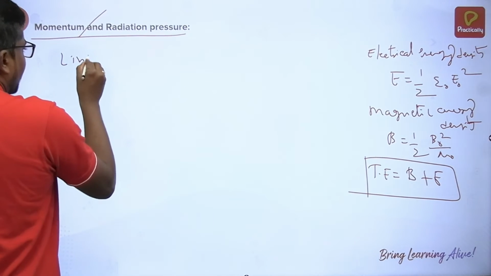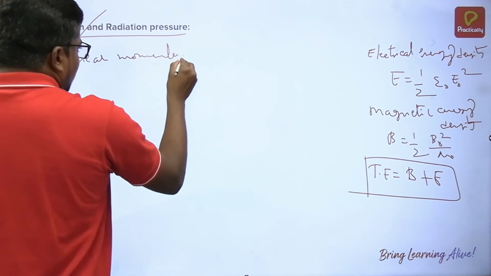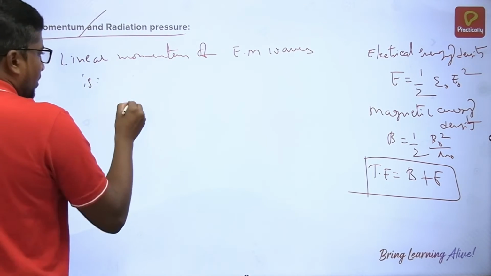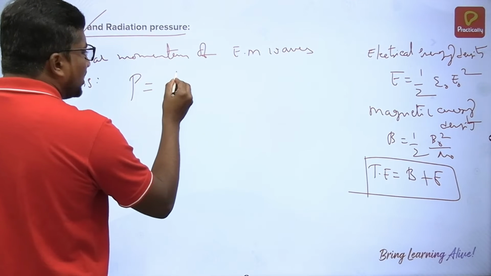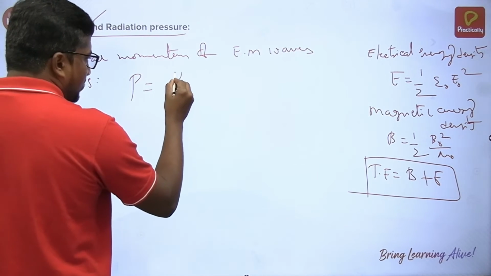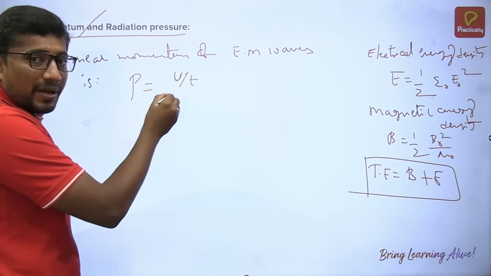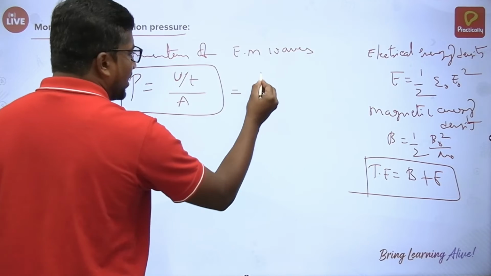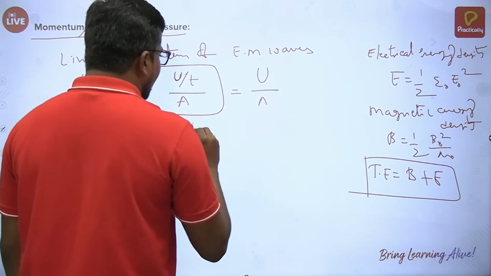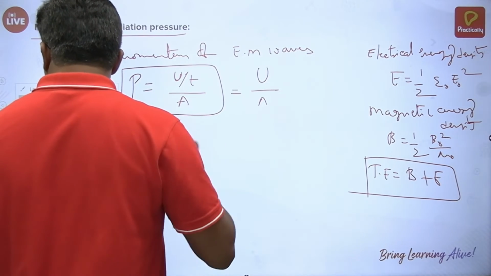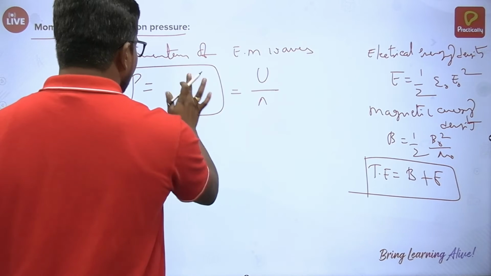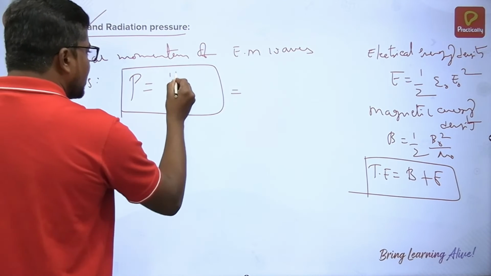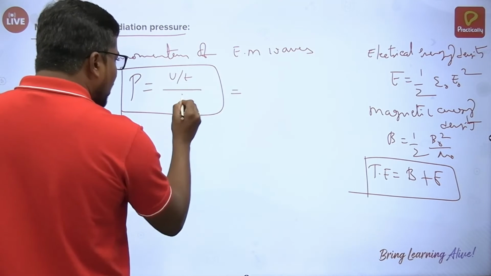The linear momentum of electromagnetic waves is P equal to the amount of energy incident per unit time, in terms of energy intensity, per speed of light.